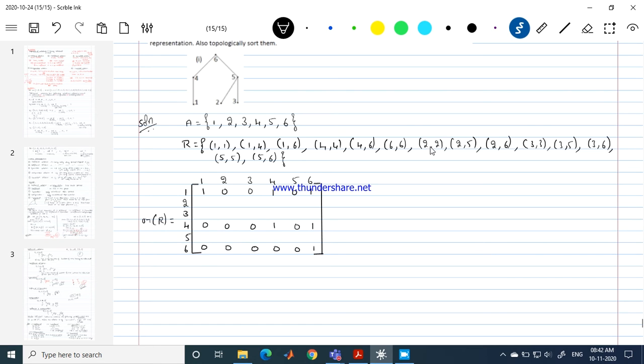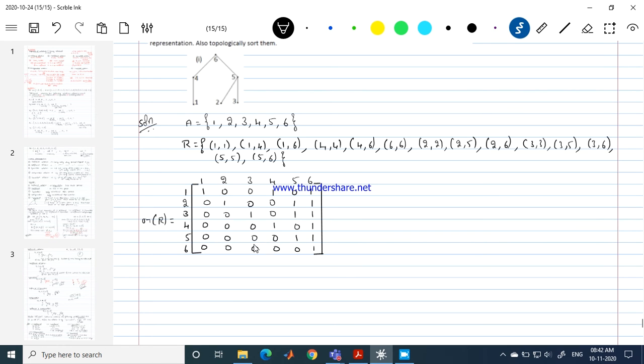Next starting with 2: (2, 2), (2, 5), (2, 6). So these entries are zeros. Starting with 3: (3, 3), (3, 5), (3, 6). So these entries have to be zeros. Starting with 5, it's (5, 5) and (5, 6).